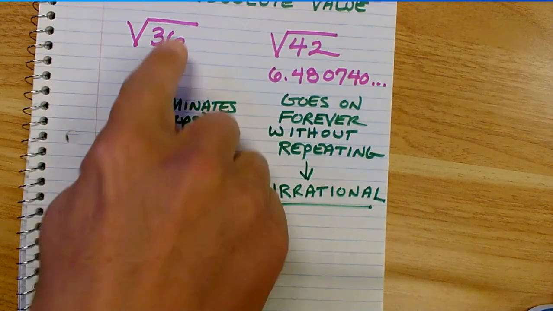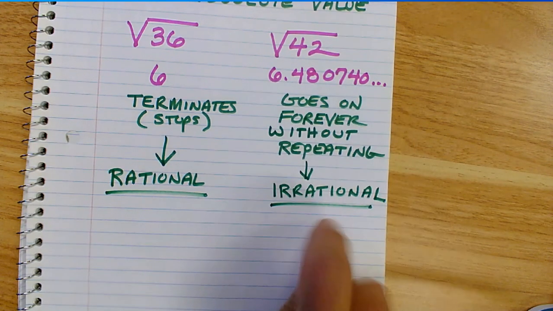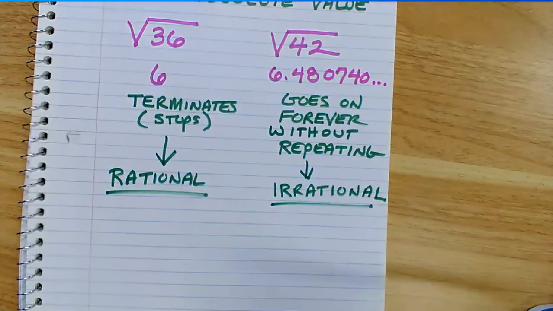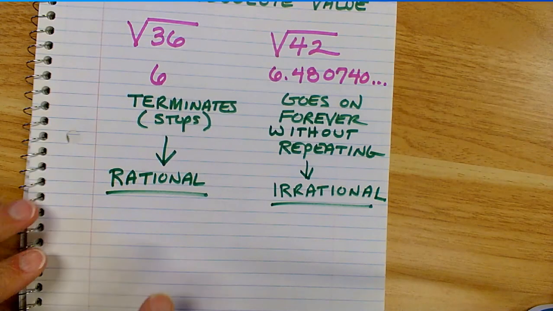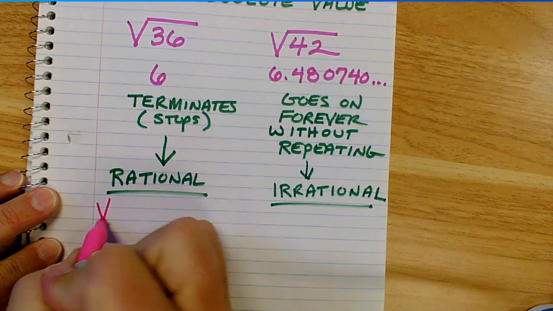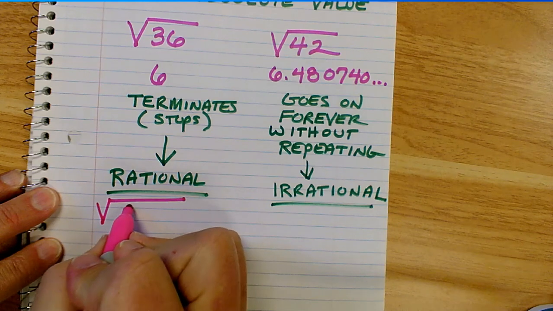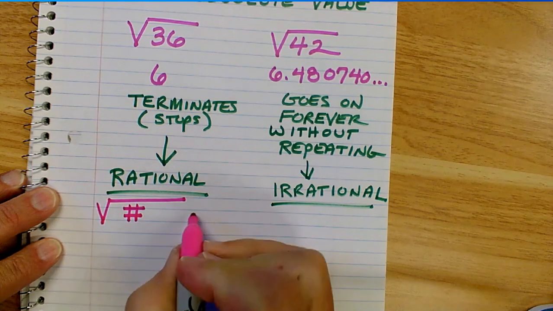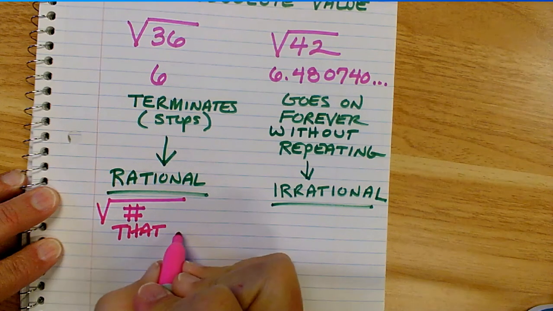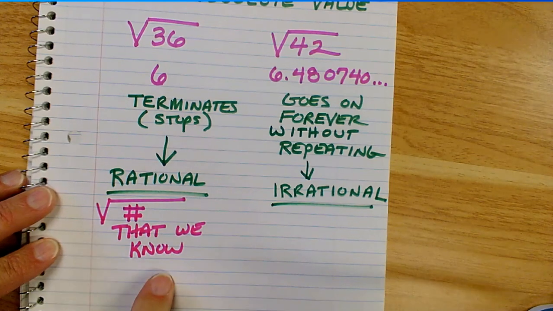So we've already talked about the square roots of ones that we know and the square roots that go on forever. They're irrational. Well, I can break these up even more. It's not just about square roots. It's also about other types of numbers. So we know that rationals are square roots that we know.